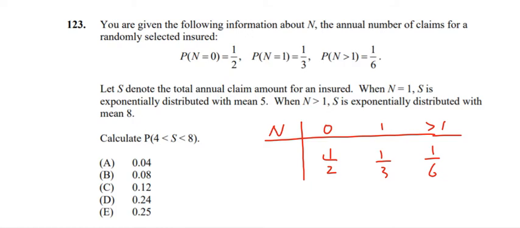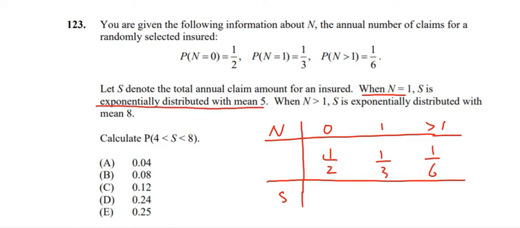This n is the number of claims. If n equals 0, then there is no claim. If n equals 1, they have a claim. The claim size follows this exponential distribution. The mean is 5.